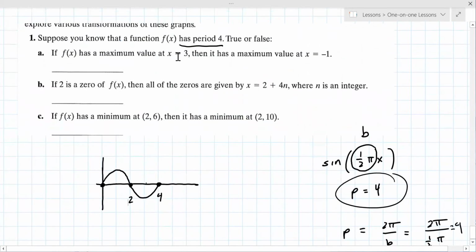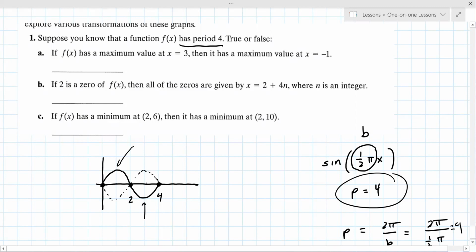Okay, so now, does this have a maximum value at 3? No. Looks like it has a maximum value at 1. But could it have a maximum value at 3? What if the graph looked like this? Does that also have a period of 4? Yeah, it does.